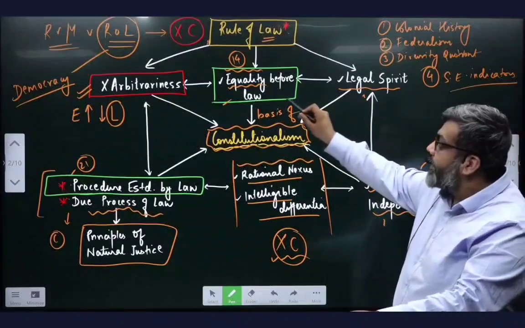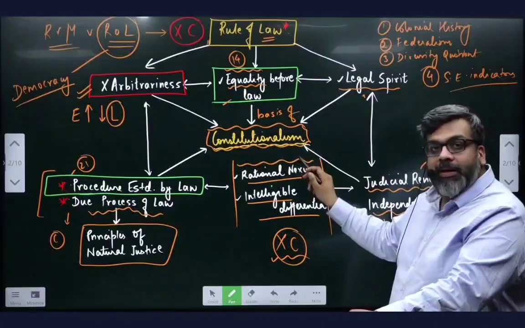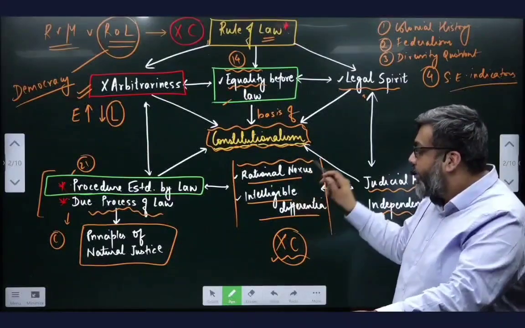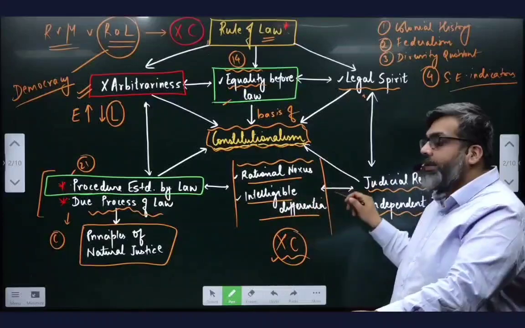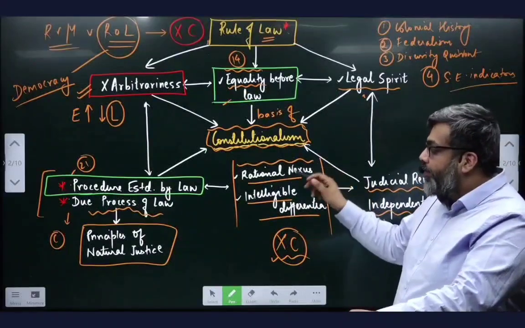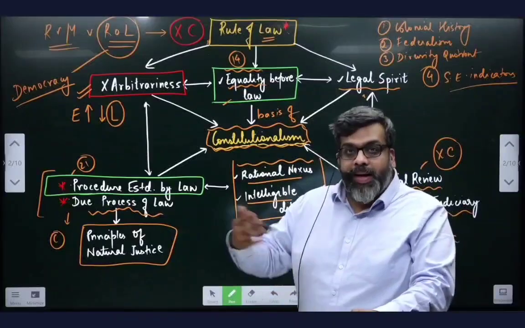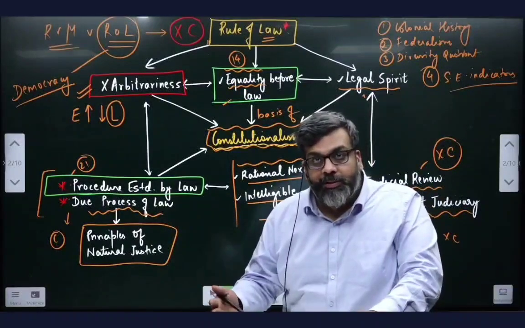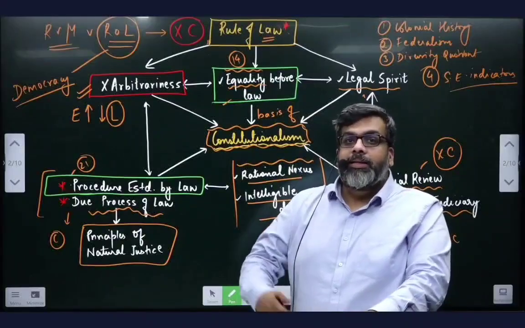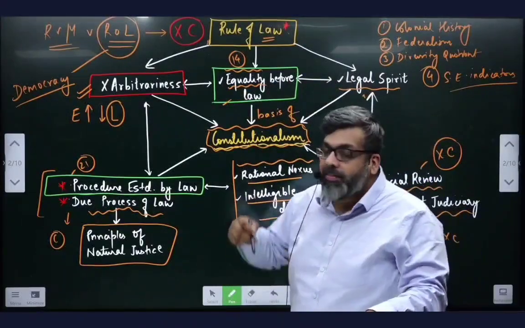And if the law is treating us unequally, that means either the basis of classification is wrong, or the objective that you're trying to achieve with that classification seems to be odd. And when you do all of those things, you are effectively questioning the way in which the law has been passed, or the way in which the law is being applied, or whether the law is inherently good or not. So the circle gets completed.